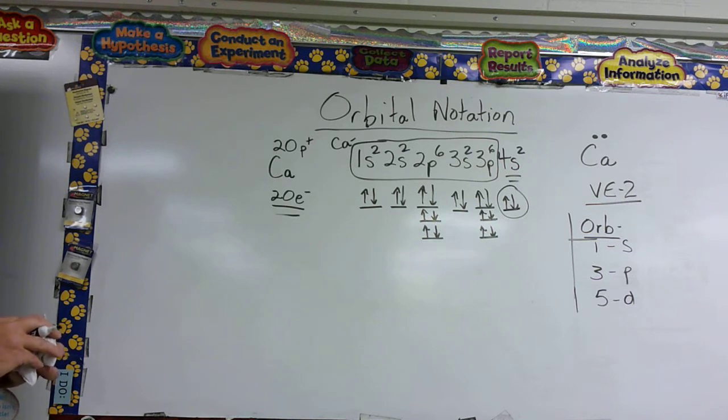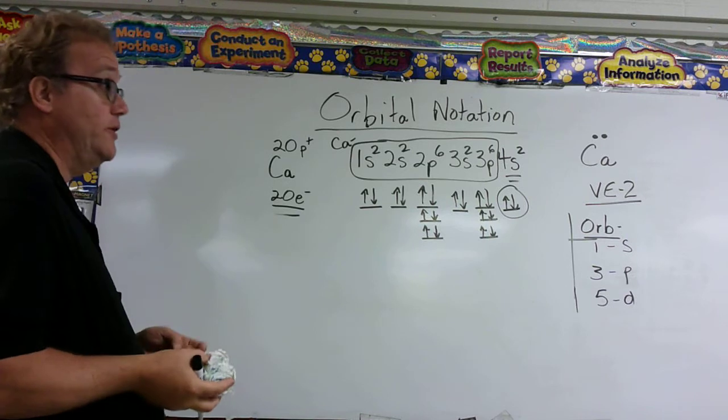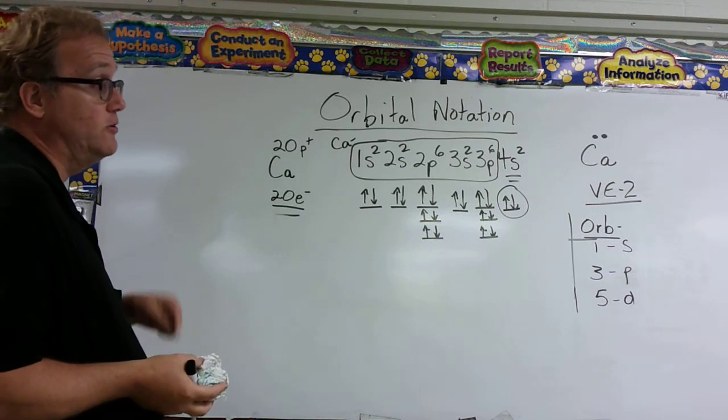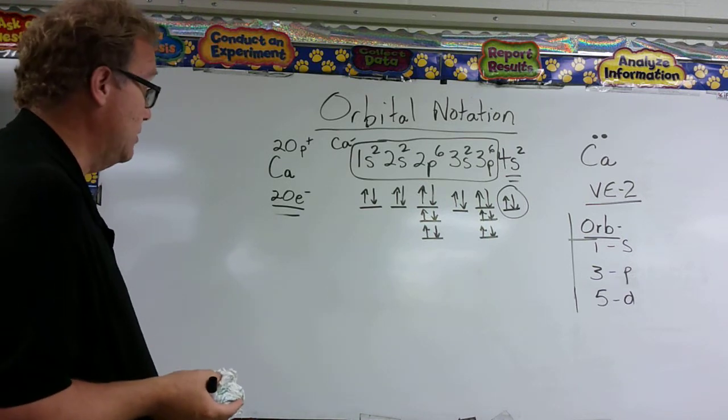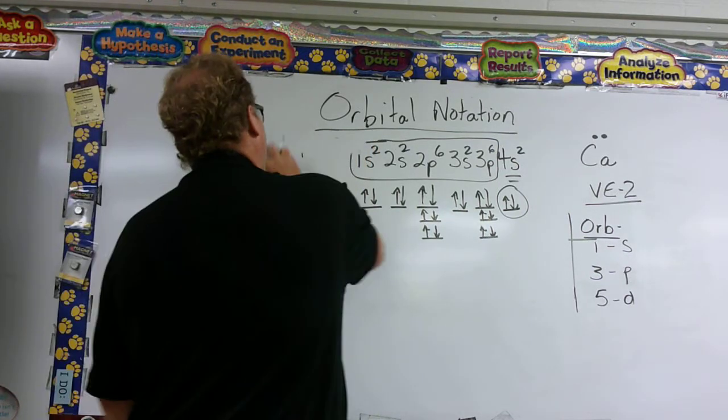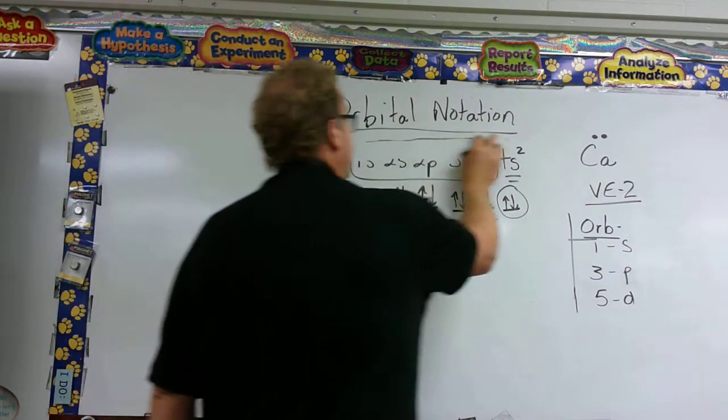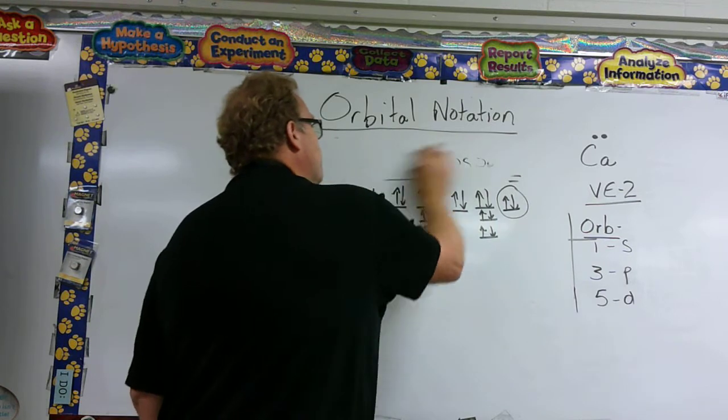Again, if you listen through this enough, there is a logical reason for things, and you'll find yourself getting used to doing it. Let's go ahead and do Fe, which is iron. I like doing Fe.